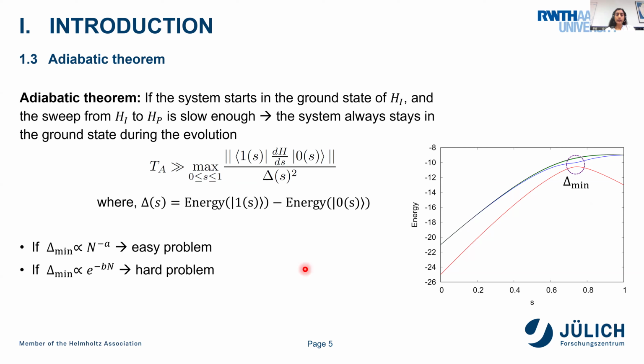More specifically, if we find for a certain set of problems that this minimum energy gap closes polynomially as the size of the problem increases, then these problems should be easy for quantum annealing to solve. On the other hand, if the minimum energy gap closes exponentially as the size of the problem increases, then the problem should be relatively hard for quantum annealing to solve.